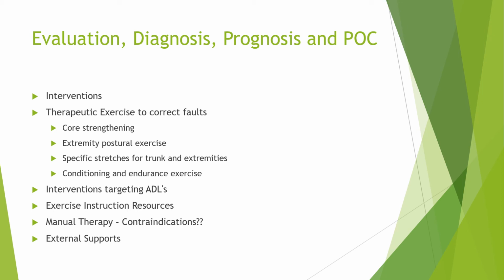So we've already talked about the evaluation when it comes to our patients with abnormal postural complaints or pain. You've come up with your diagnosis, figured out what you want to do, come up with a prognosis based on what you've seen and even your previous work with clients and patients, and then you set forth a plan of care. So think about what sort of interventions you want to do.